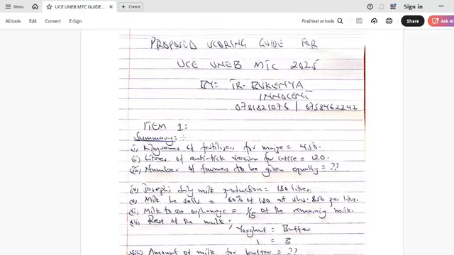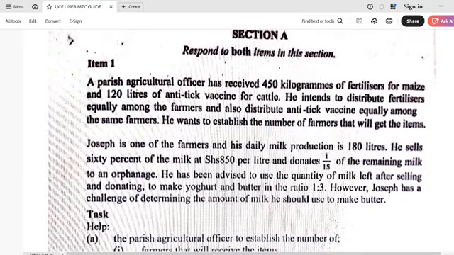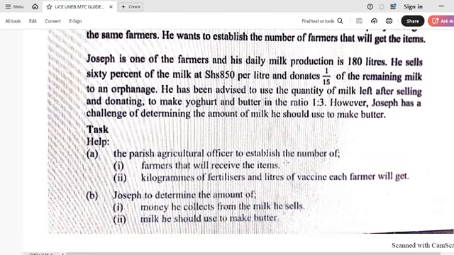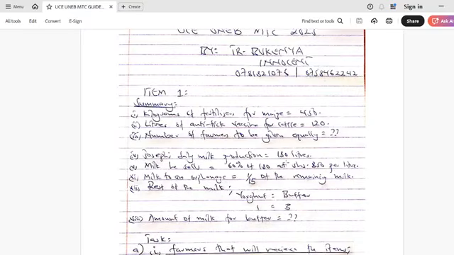Then also, as we continue, you're seeing that he sells 60% of the milk at 850 shillings per liter. All these are numerical values. We have 60%, we have shillings, 850 shillings per liter. That is a value. So wherever you find a value, go and summarize.